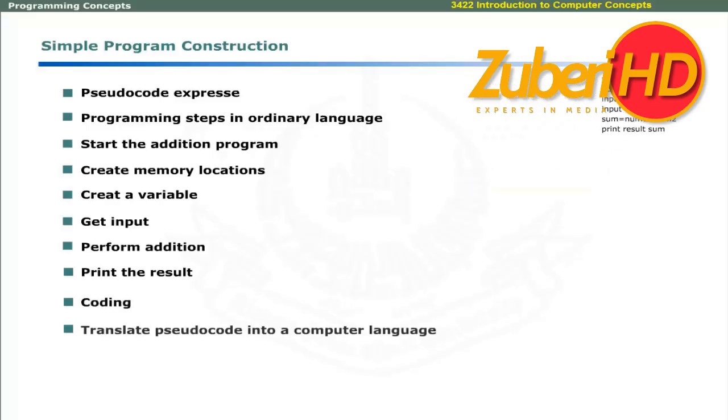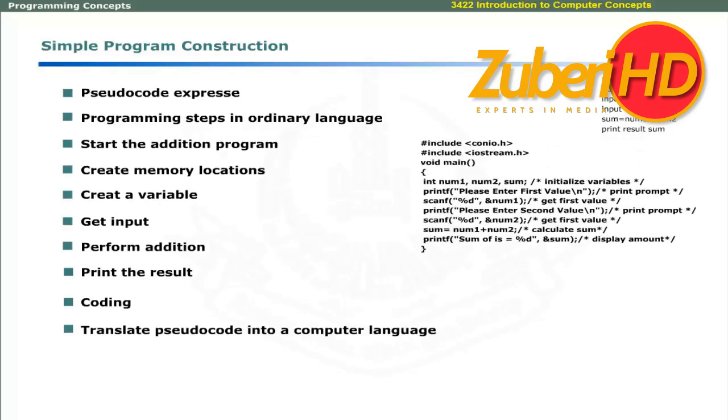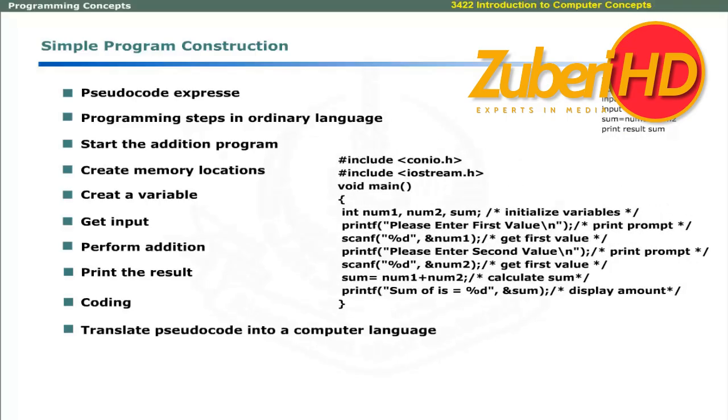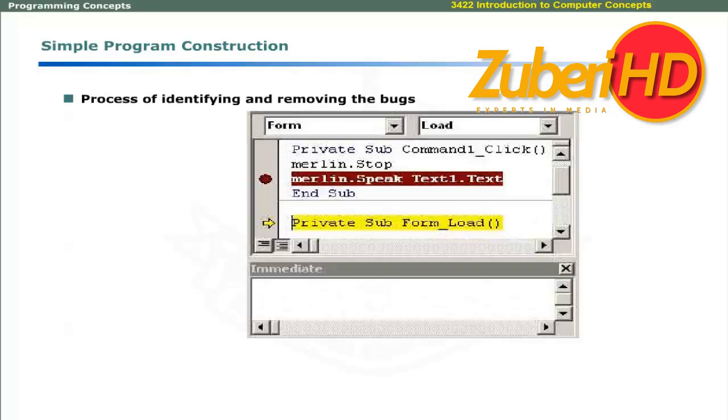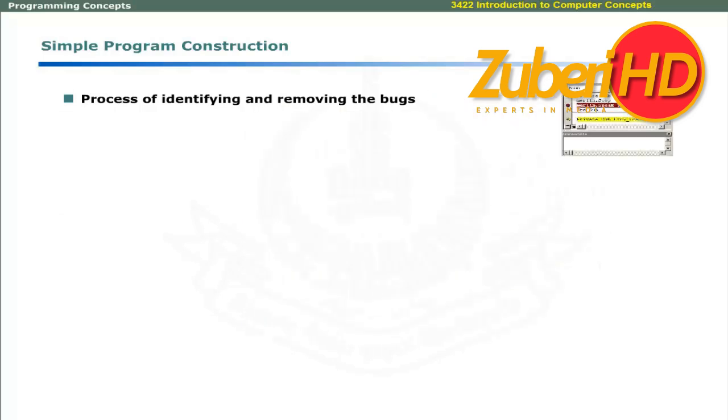Coding involves translation of pseudocode into a computer language. It may look like this in C language. The program may contain some errors or bugs, and the process of identifying and removing the bugs is called debugging.